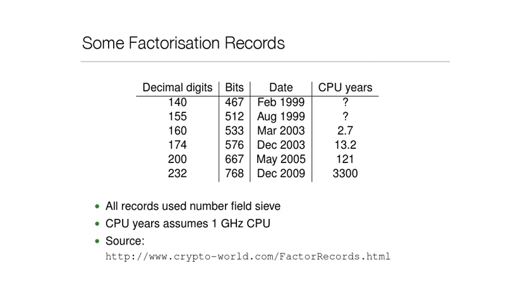If the number is 232 decimal digits, according to December 2009, it is going to be 3300 CPU years.